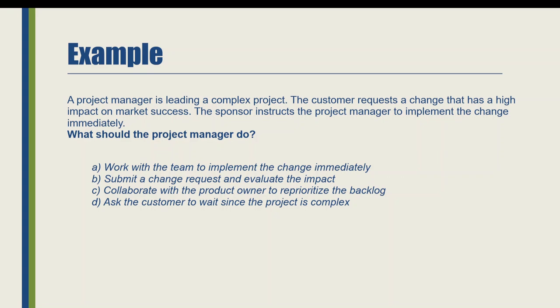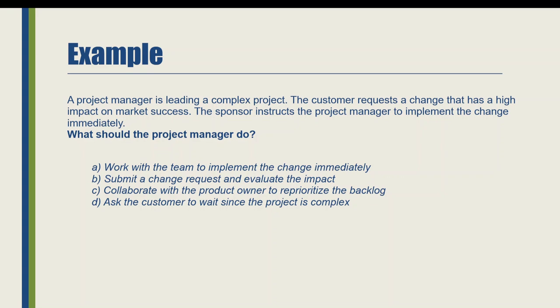Once you understand the question, let's look at the options and see how we can eliminate the incorrect ones. First, work with the team to implement the change immediately. As the option says change immediately, you can mark this as an incorrect option. Submit a change request and evaluate the impact.